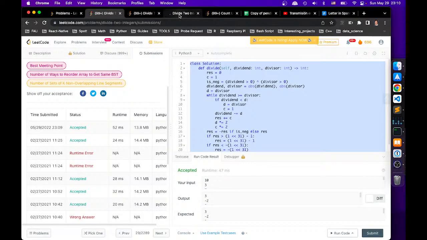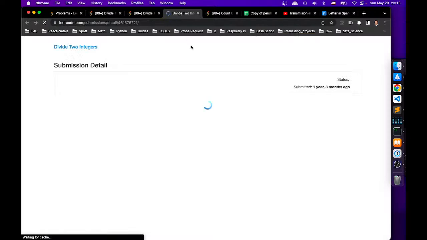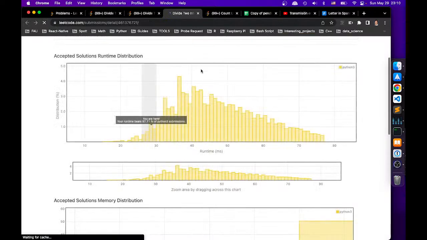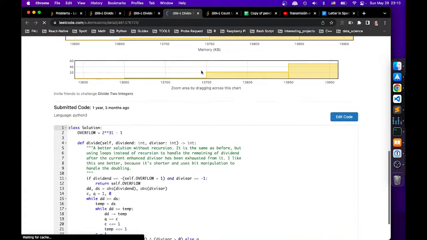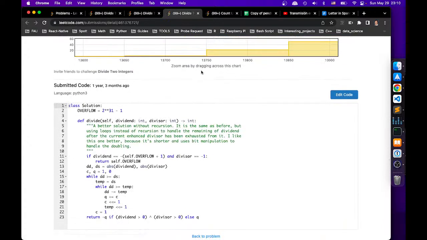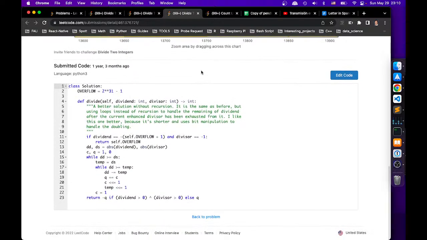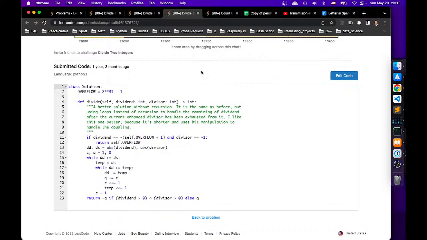I want a regular smart idea, not an extremely smart idea. I guess this is the one. Oh, okay. I can use bit manipulation to do it. Do the overflow.